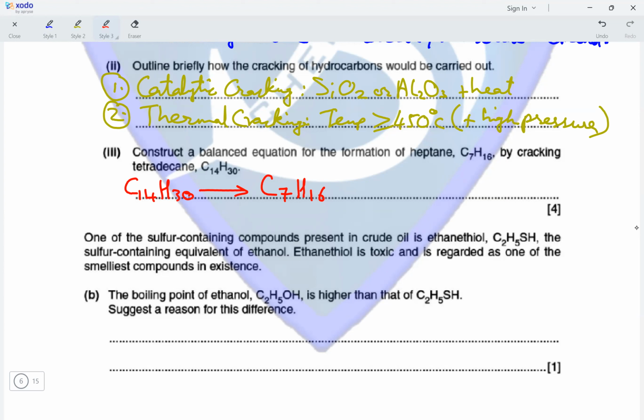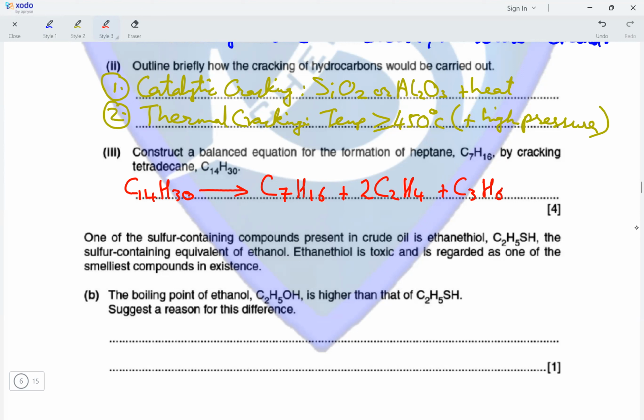So the second most useful product would be ethene. We can have C2H4, and looking at the number of carbon atoms remaining, we can have 2 moles of C2H4 forming. That would use up 4 of the carbon atoms, and we would be left with C3H6.